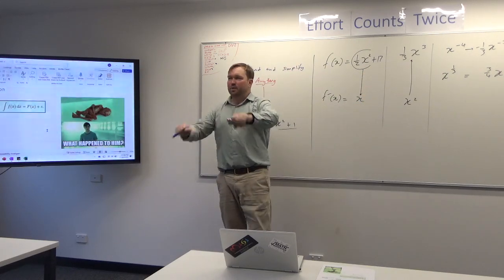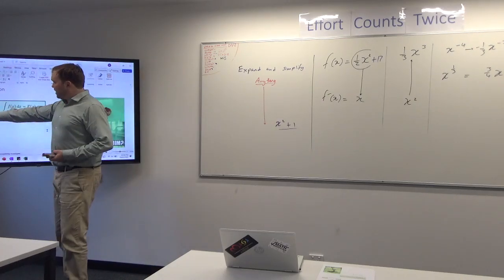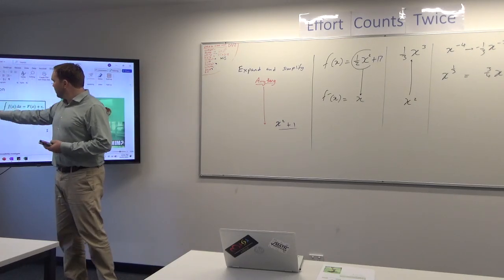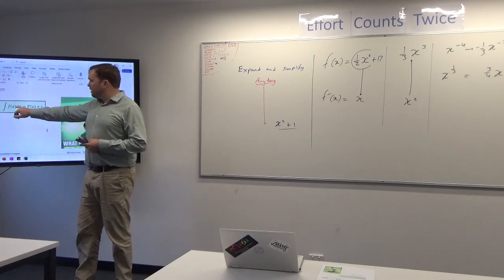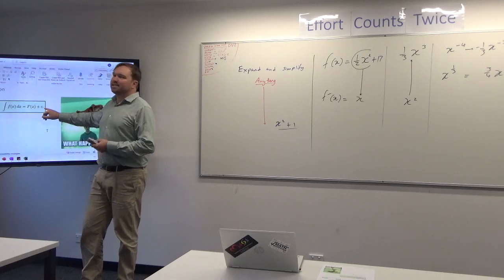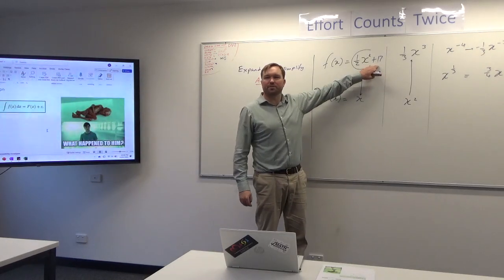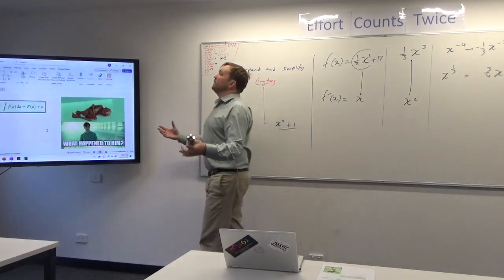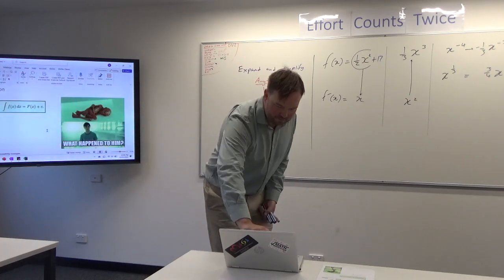And here comes the most annoying way to lose a mark. If you are going to integrate something, that capital F of x is its antiderivative. The integral of f of x is its antiderivative plus c, to reflect that we don't know where the c would have been in the original function. If you don't write the plus c, it is a really frustrating way to lose a mark.